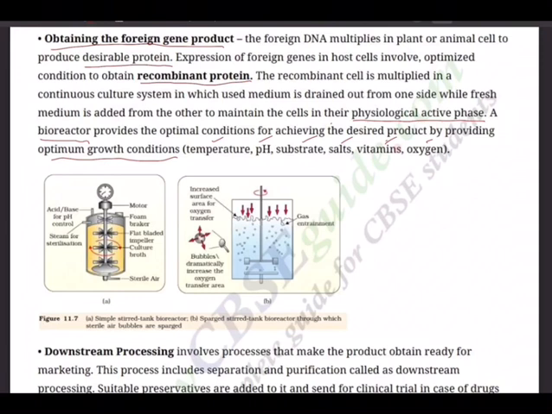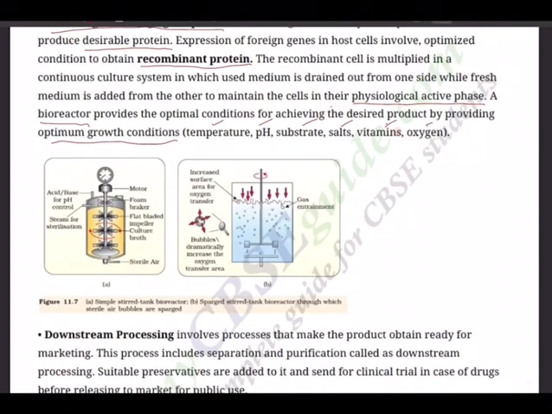Bioreactors are considered as the vessels in which raw materials are biologically converted into specific products by microbes, plant cells and animal cells, or plant enzymes and animal enzymes. It provides the optimal conditions for obtaining the desired product by providing optimum growth conditions such as temperature, pH, substrate concentration, salts, vitamins and oxygen.